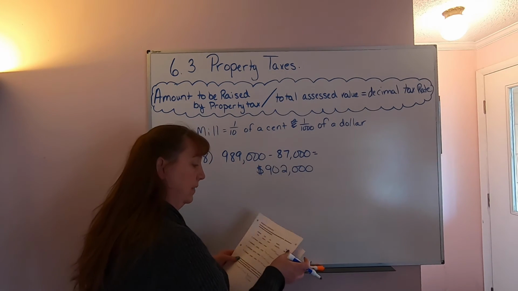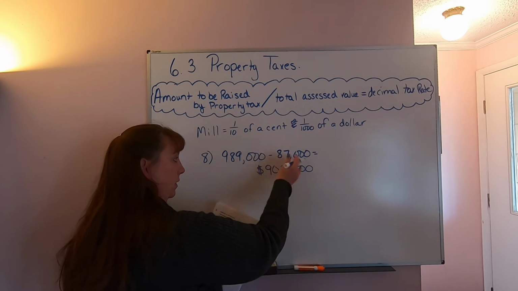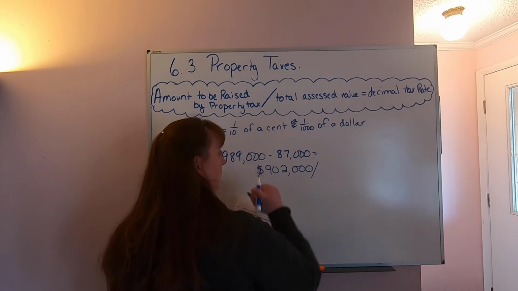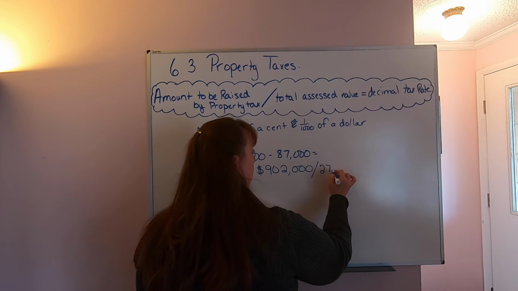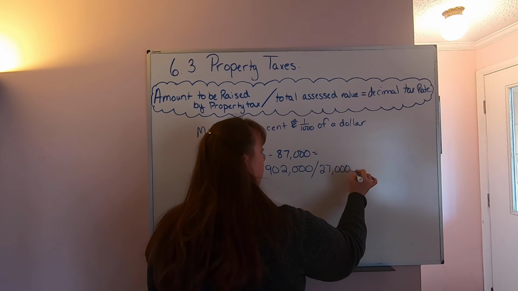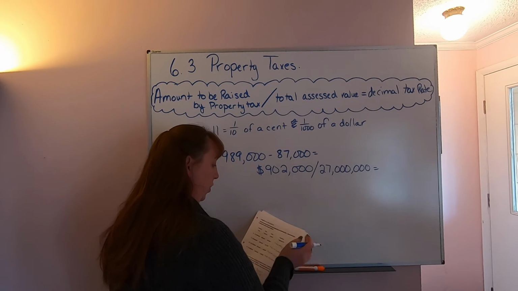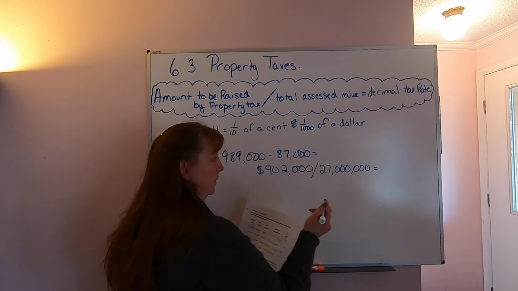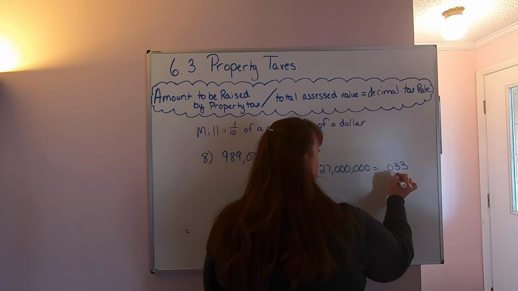And again, they are asking for the rate, 3 decimal places. So we've got to take the difference between the two of them, divide it by your total assessed value, which they gave you was 27 million. When you divide that, you will get the decimal and the tax rate, 3 decimal places out, 0.033.